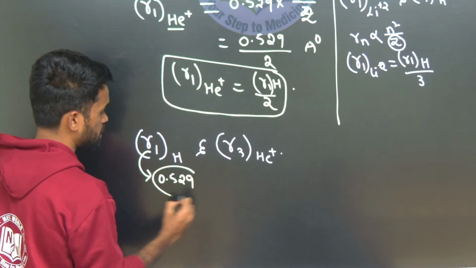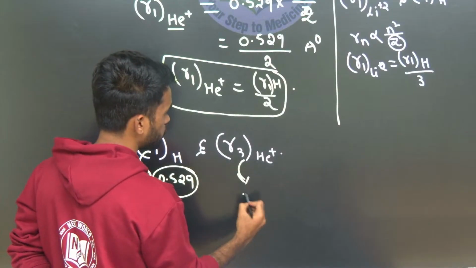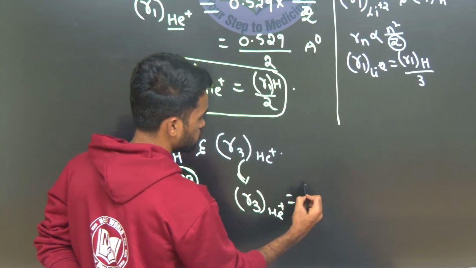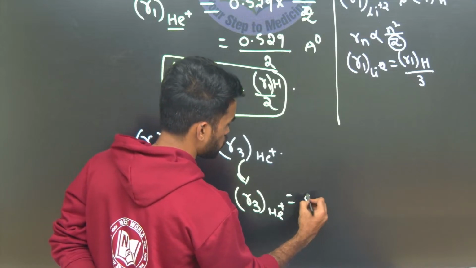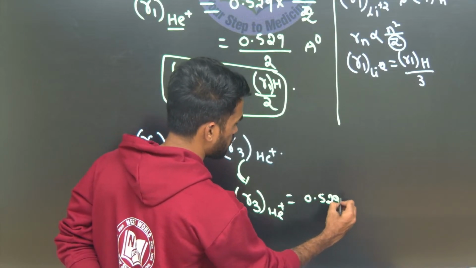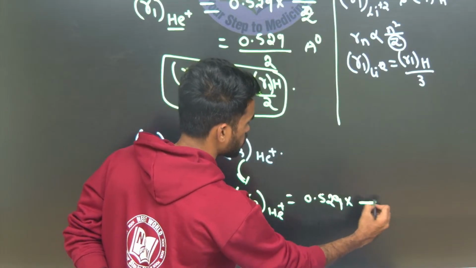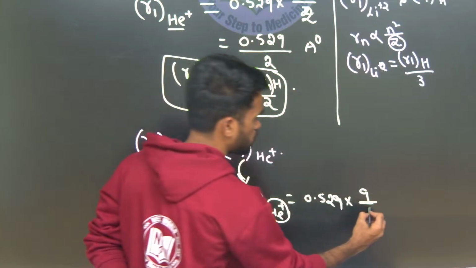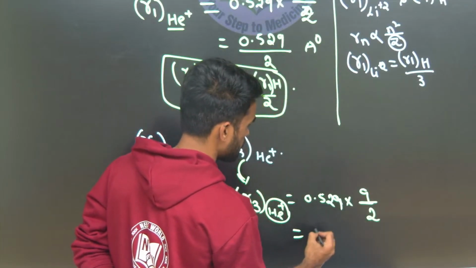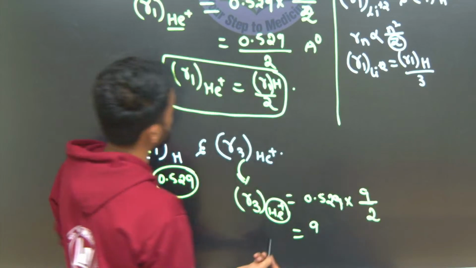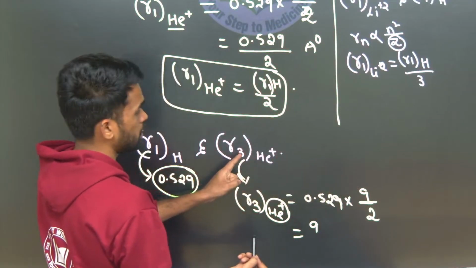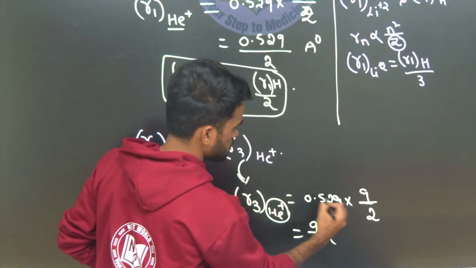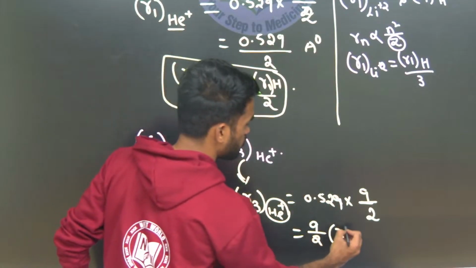And R3 of helium ion: n is 3, n square is 9, and the atomic number of helium is 2. So n square by Z is 9 by 2, into 0.529, which is R1 of hydrogen.